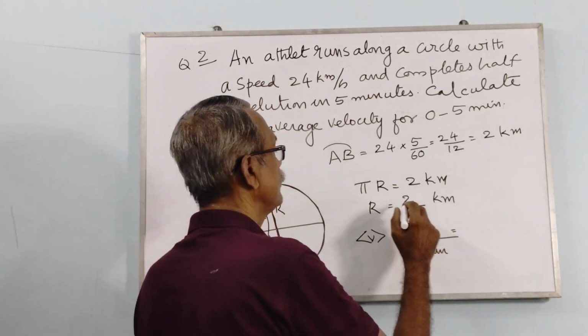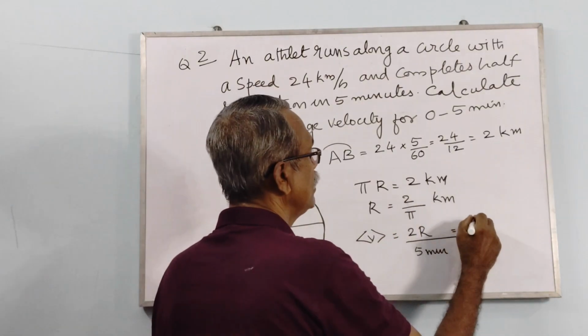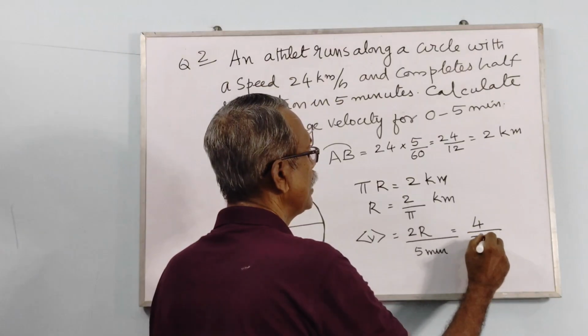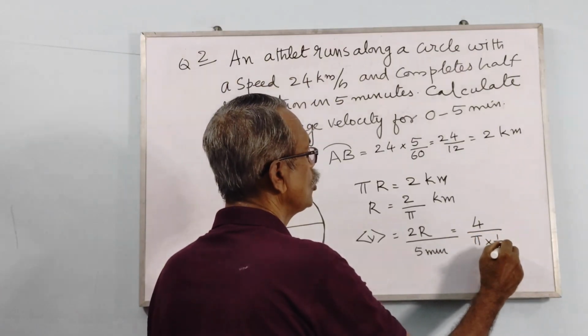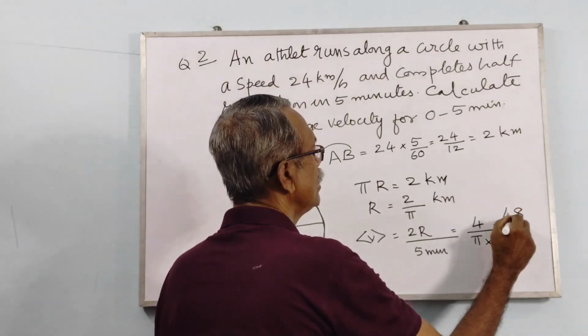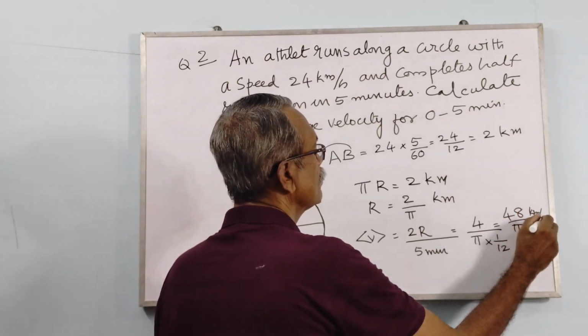R is 2 by pi. Therefore, 4 by pi multiplied by 5 minutes, which is 1 by 12. Therefore, this is equal to 48 divided by pi kilometer per hour.